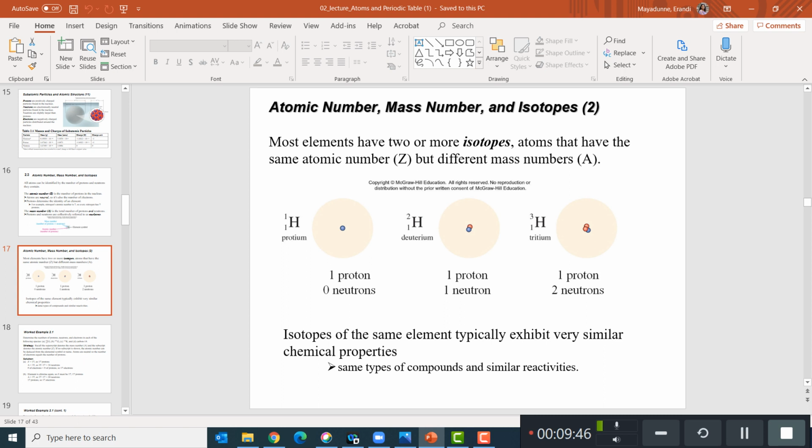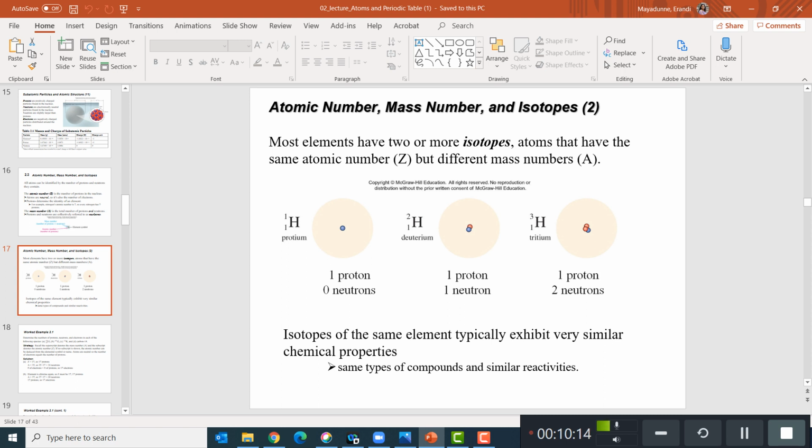You may ask, how can I say that you always have one proton? Always, when the atom is neutral, the number of protons and the number of electrons are the same. And also, you see this is hydrogen. All the hydrogen atoms have the same number of protons, because that's how we define hydrogen.